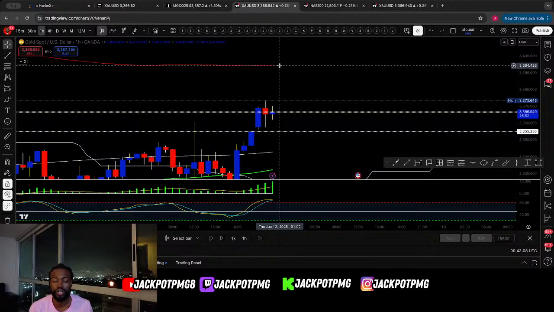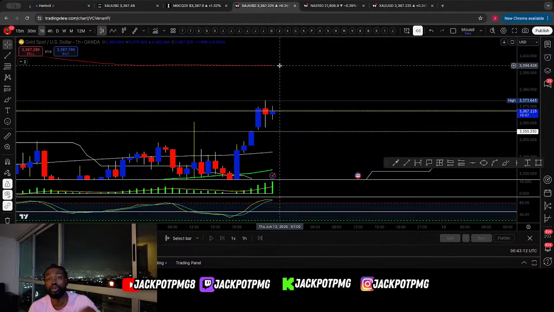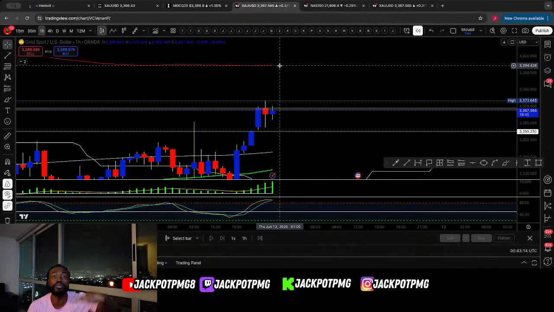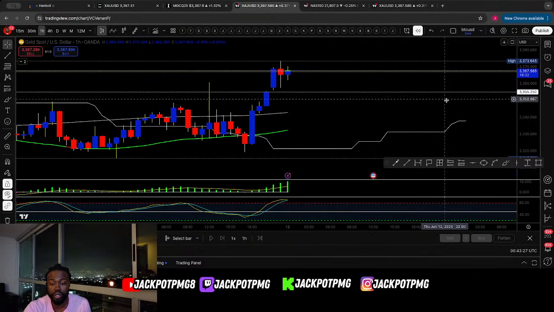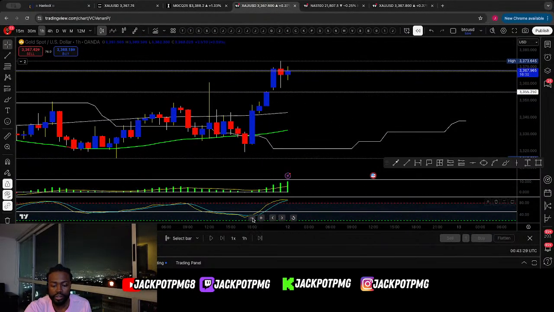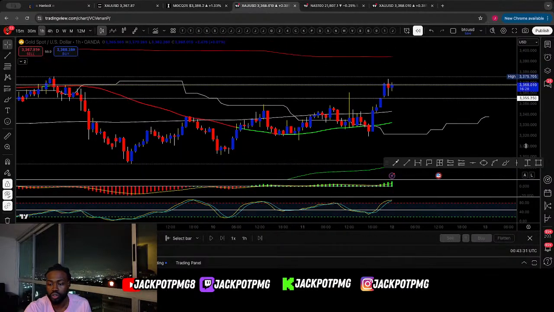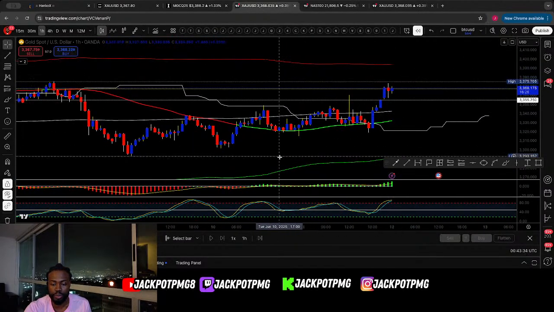As I've been telling you guys all week, price only goes from zone to zone: from the bottom Bollinger Band to the middle Bollinger Band, from the middle to the top Bollinger Band, from the top to the middle, and from the middle to the bottom. That's what price is doing. In this scenario, price is pushing towards the top Bollinger Band.